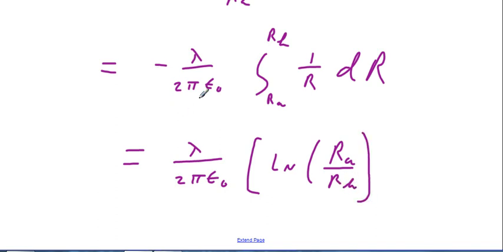And I got rid of that minus sign, that's why I can turn those around. And does that solve the problem? Determine the difference, yes. So that would be the voltage difference between A and B.